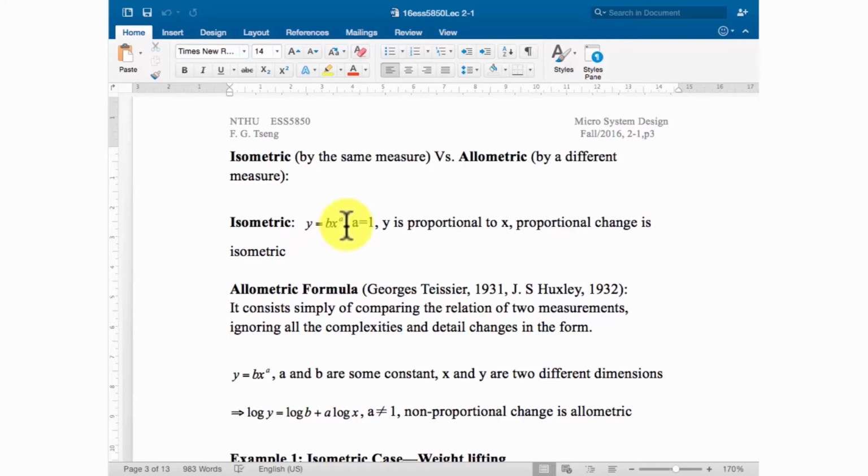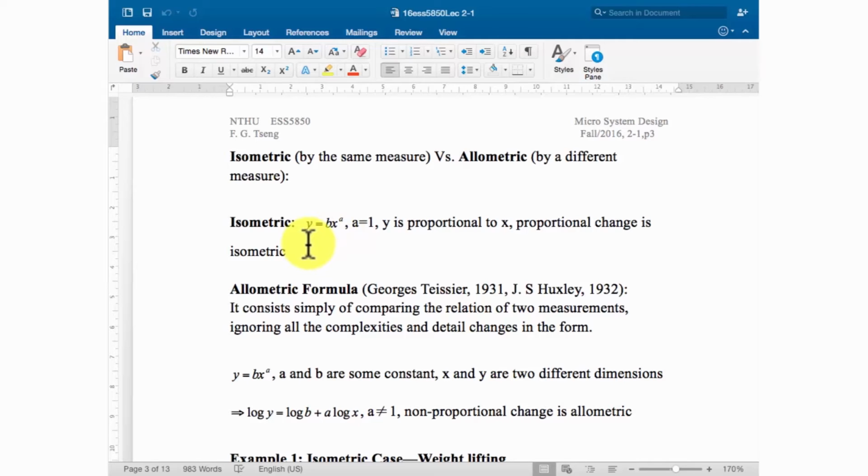If the power a equals 1, that means it's a linear scale, y proportional to x. x means one of your dimensions. For example, x represents your height and y represents your width.